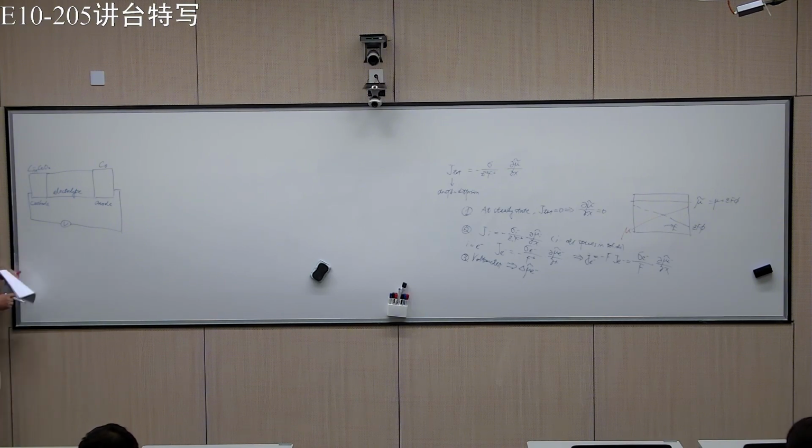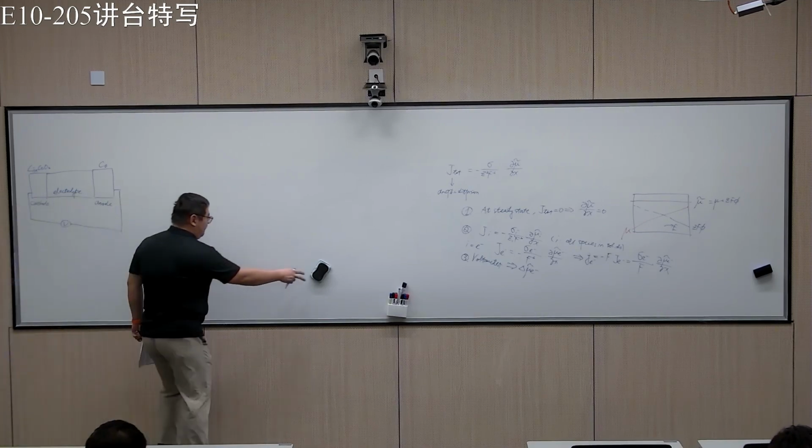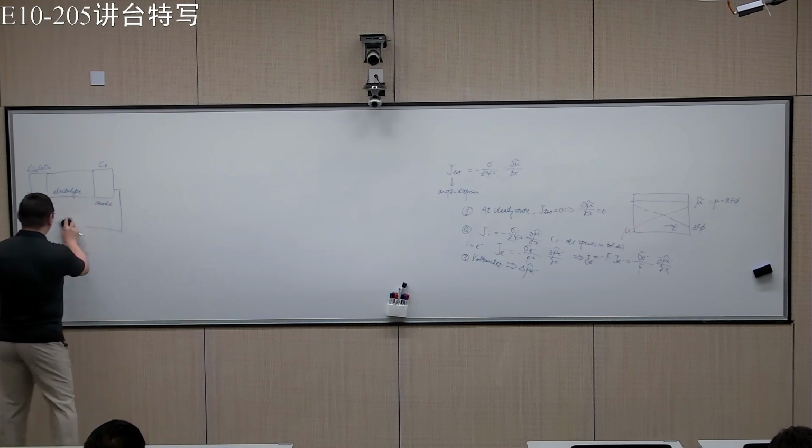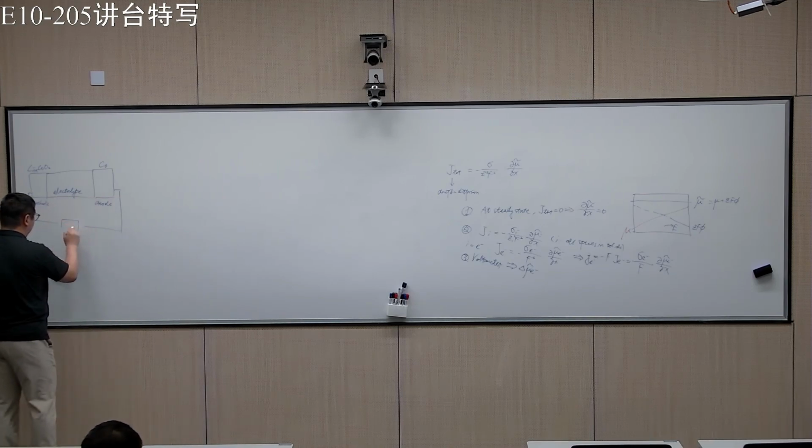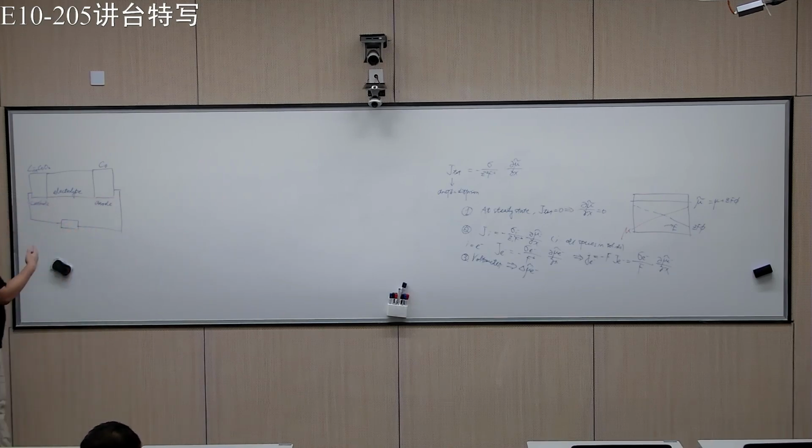Basically, we know that if I put a resistor here, electrons are going to flow. So this is how you have a battery that can really give you electricity.